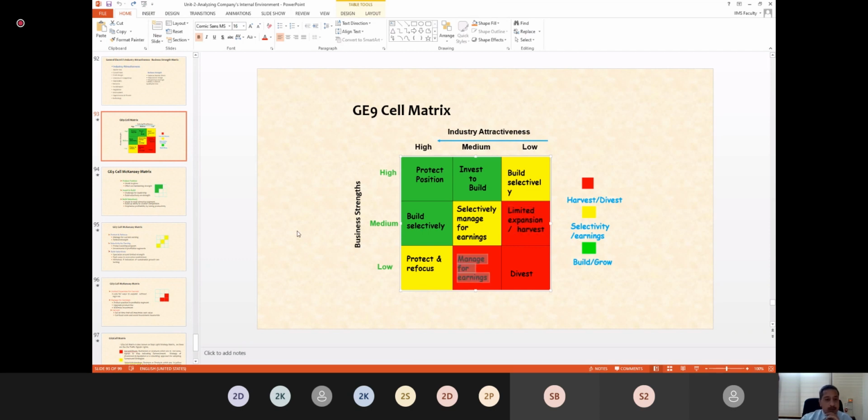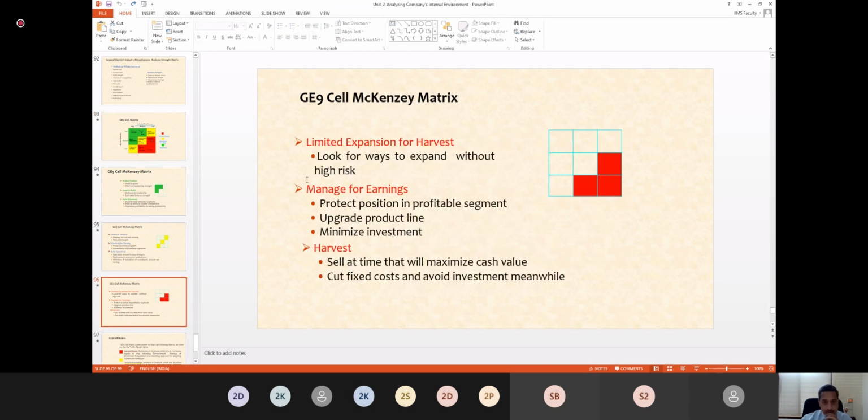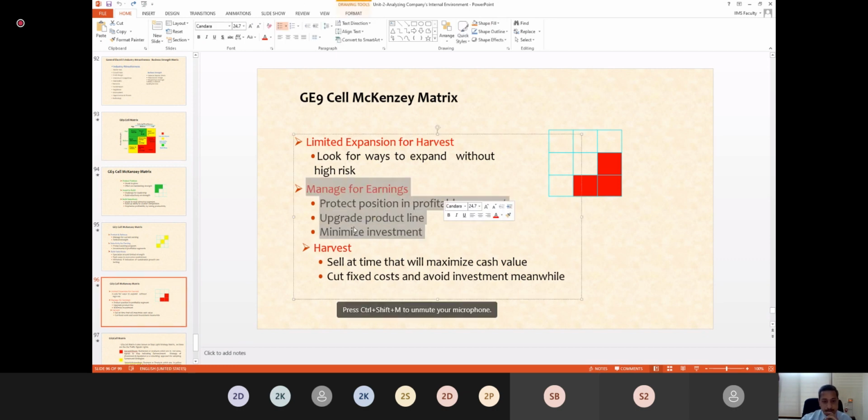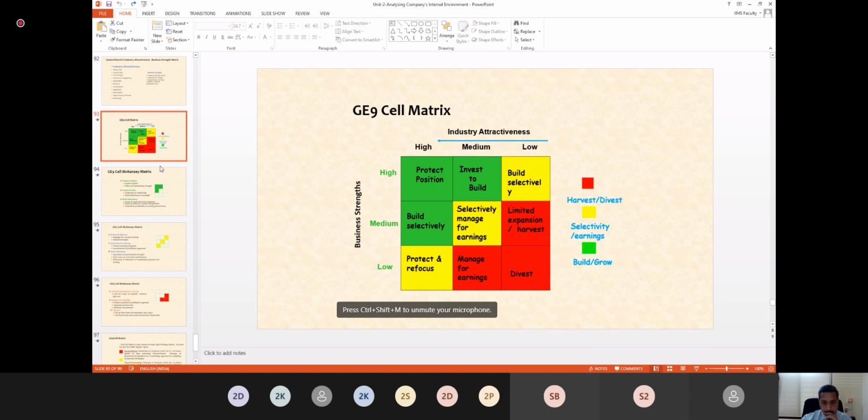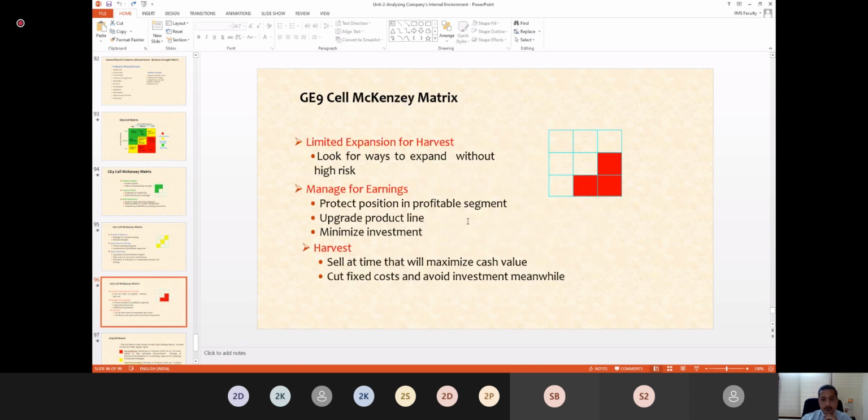Second is your manage for earnings. This segment, manage for earnings, is categorized by medium industry attractiveness and very low business strength. So here what we can do is protect our position in profitable segments.